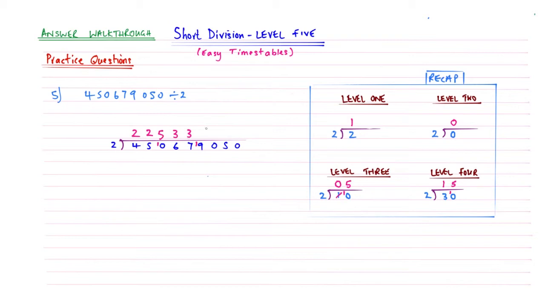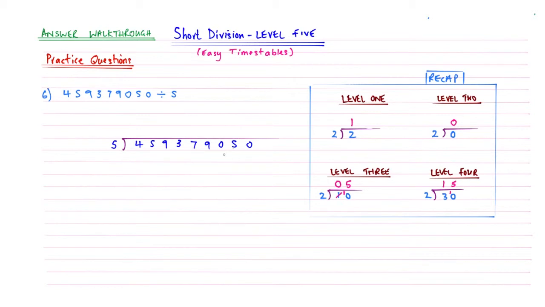How many 2's go into 19? Well, 2 times 8 is 16. 2 times 9 is 18. So it's going to be 9 with a remainder of 1. How many 2's go into 10? Well, that is 5 times. How many 2's go into 5? Well, 2 times 2 is 4, so it's 2 lots of 2 with 1 remainder. And then the last step is how many 2's go into 10? And that is 5 times. So that's where we get that answer from. So that's question 5.